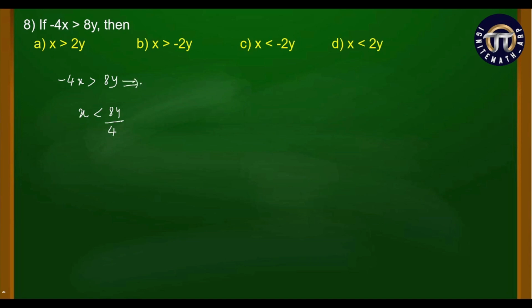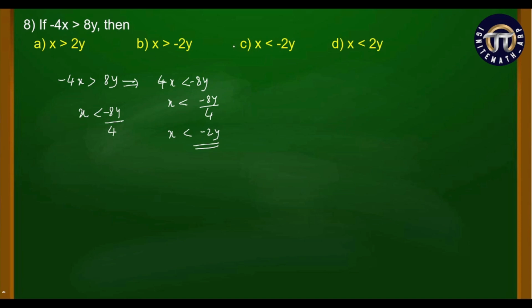Understood why? When I multiply with the negative sign, it's going to be 4x smaller than minus 8y. So x is smaller than minus 8y by 4, that is, x is smaller than minus 2y.